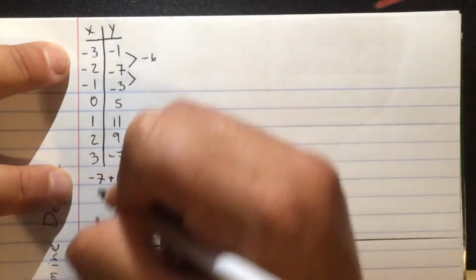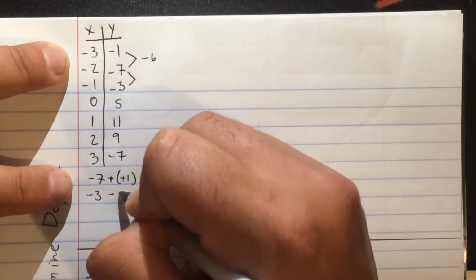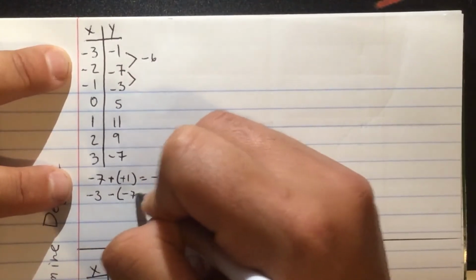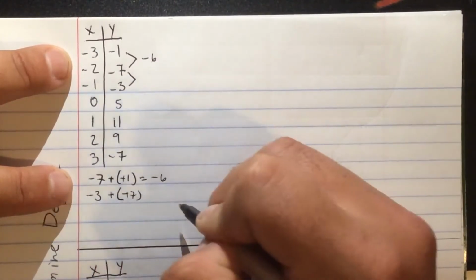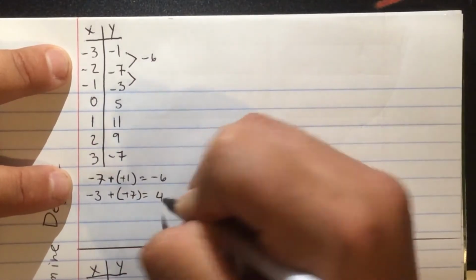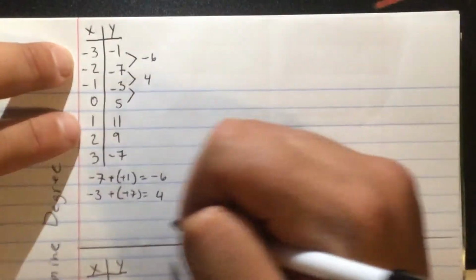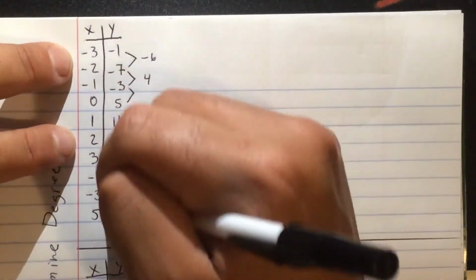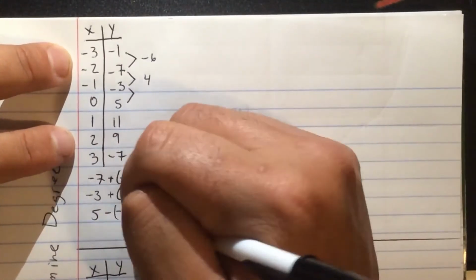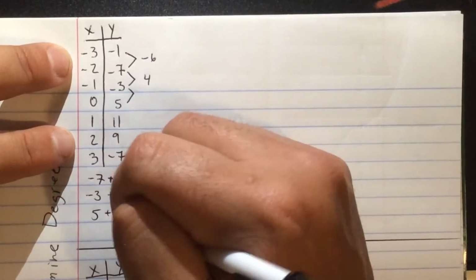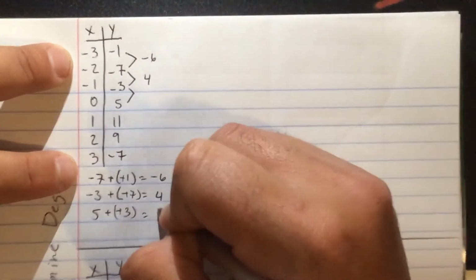Then we're going to do these numbers here. We have our -3 minus our -7, which ends up being positive here. This gives us a +4. Next ones here, we have a 5 minus a -3. Again, minus a negative makes a positive, so this is going to be 8.